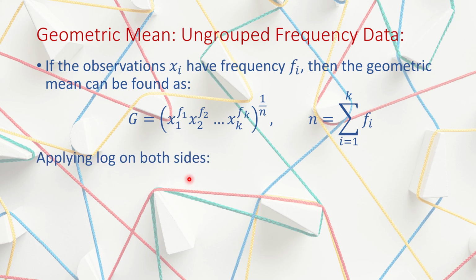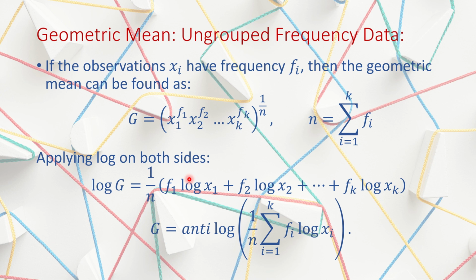So applying log on both sides again, and converting power into product and product into sum, we get anti-log of 1 over n summation i equal to 1 to k of fi multiplied with yi, where yi is the data transformed by log, and then we take anti-log as well. So this is the geometric mean formula.